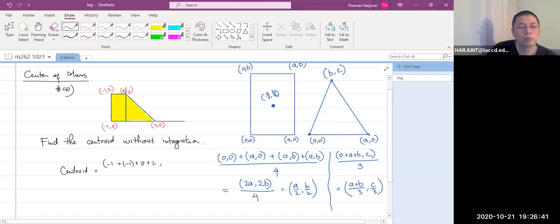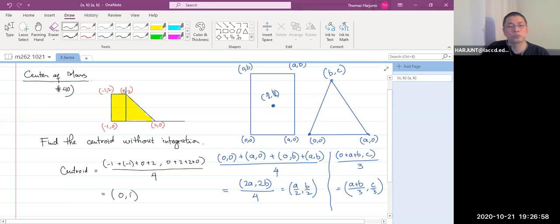That's for the x component. For the y component, 0 plus 2 plus 2 plus 0. All divided by 4, because there are 4 coordinates. And the centroid will be 0, 1. The centroid will be 0, 1 here.